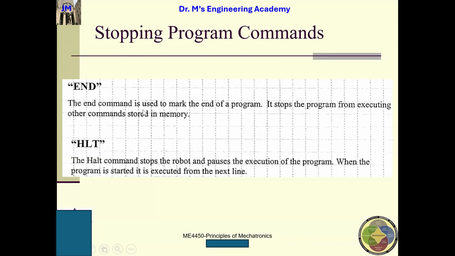The END command is used to mark the end of the program. It stops the program from executing other commands stored in the memory. The HLT command stops the robot and halts the execution of the program. When the program is started again, it is executed from the next line. Halt means that you just stop there.